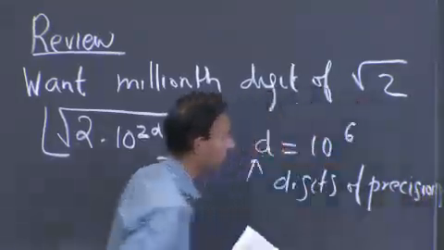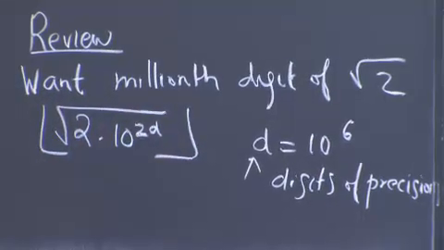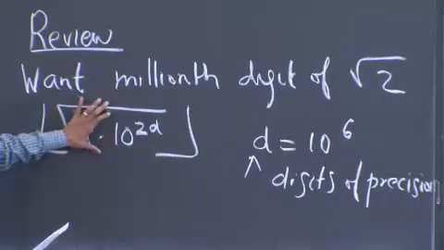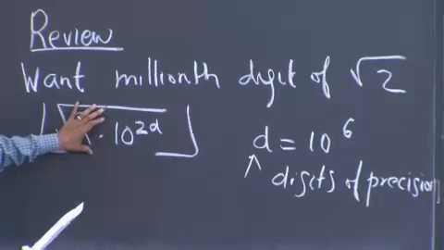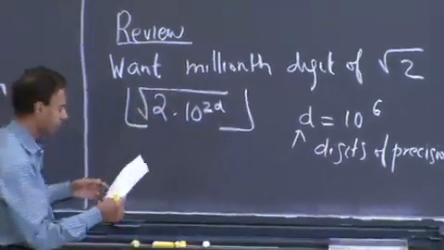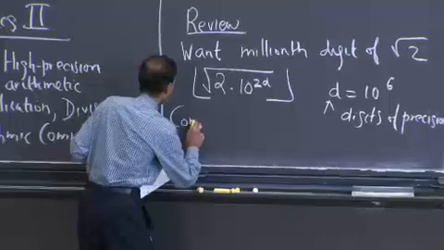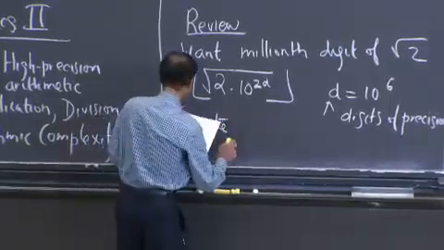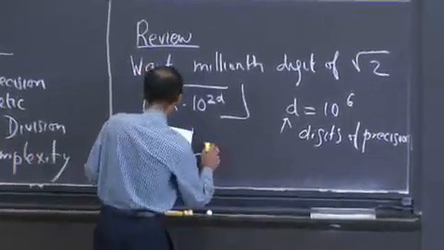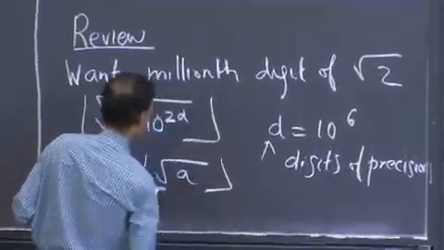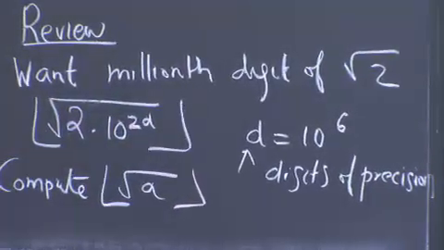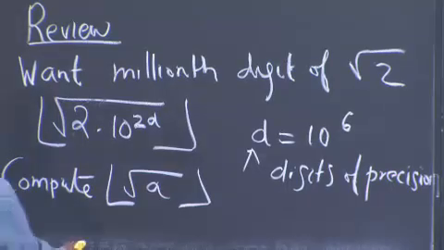So we'll take a look at an example or two here as to how this works with integers. But what we do is compute essentially the floor of the square root of some quantity a via Newton's method.